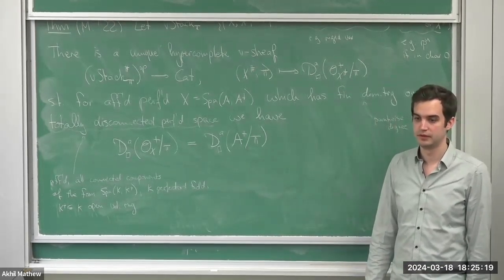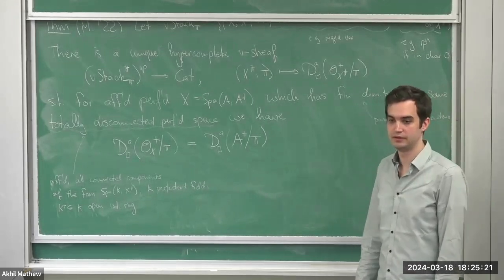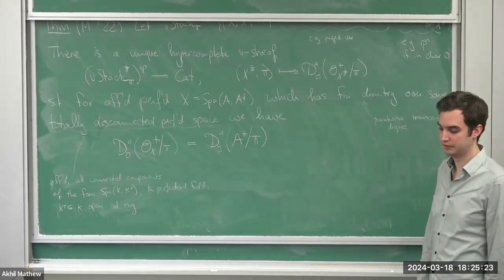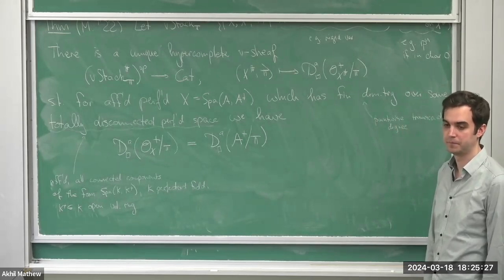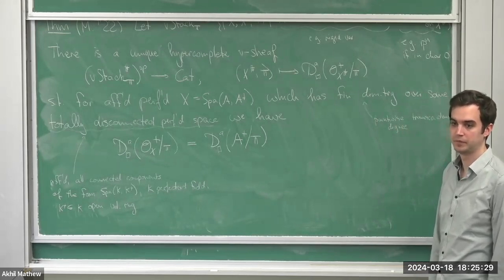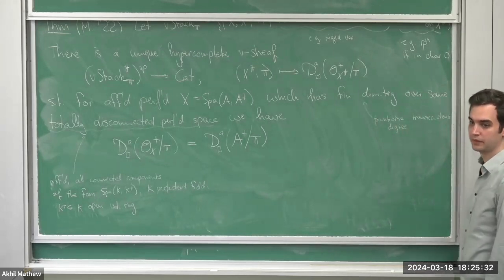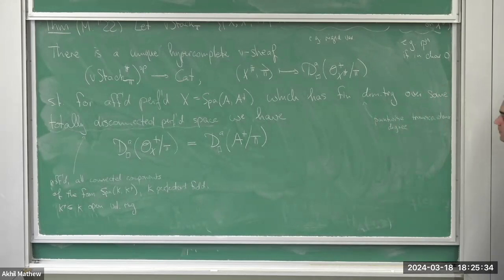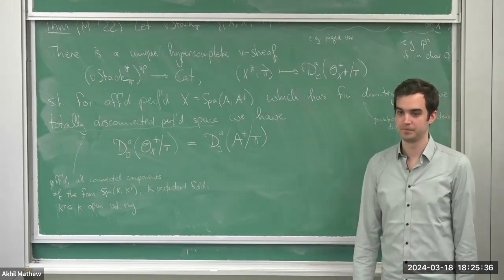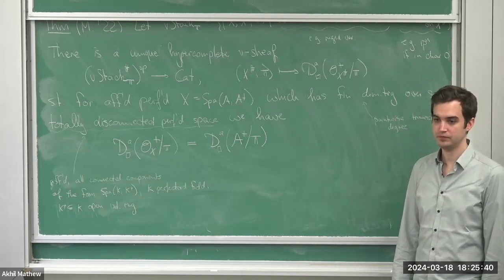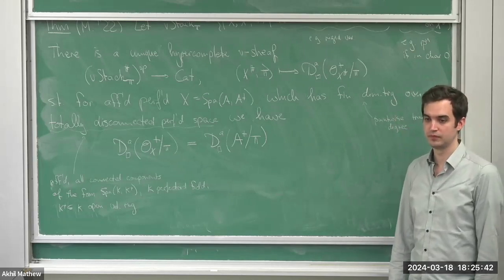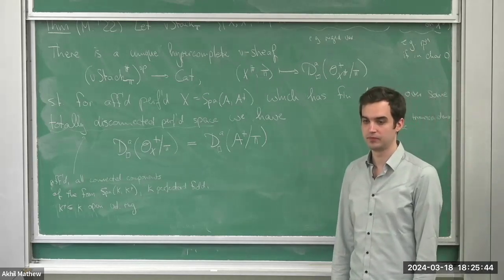And then the problem is when such an assignment is a sheaf in some reasonable sense. And the claim, and again, the word hypercomplete is too difficult for me, but I am keeping it, is that this assignment is a sheaf.